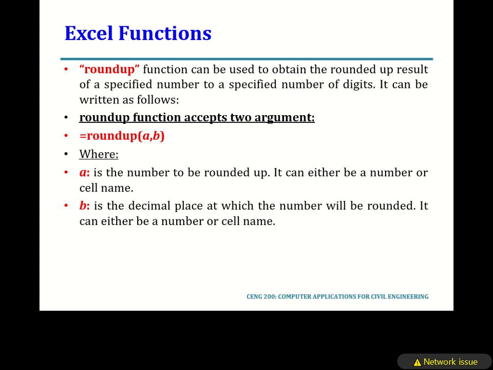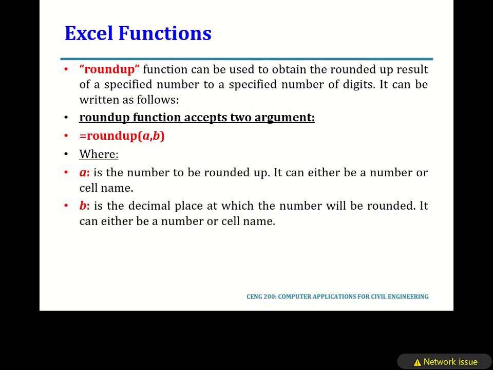Whether it is 4 here or 7, it doesn't matter, because you are asking it to round up. So this number doesn't matter. It will always do +1. Got it?